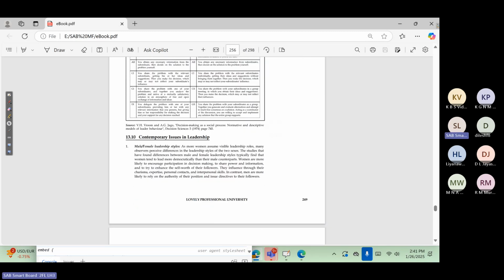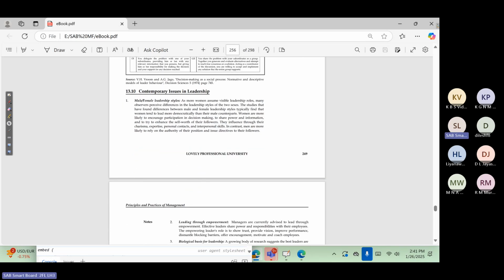Yeah, these are some modern issues in leadership, contemporary issues in leadership. Gender problems in leadership, male, female leadership styles. More women assume visible leadership roles. Many perceive differences in leadership styles of the two sexes. The studies that have found differences between male and female leadership styles typically find that women tend to lead more democratically than their male counterparts.